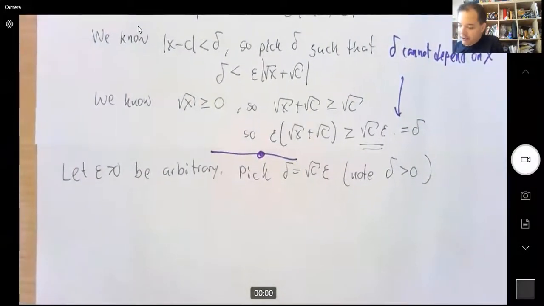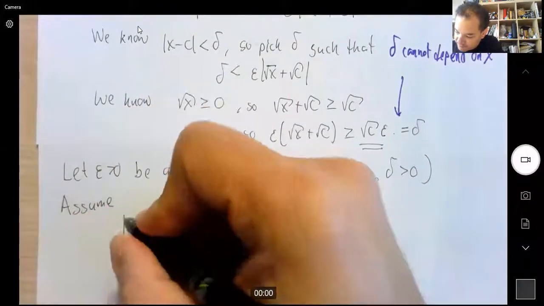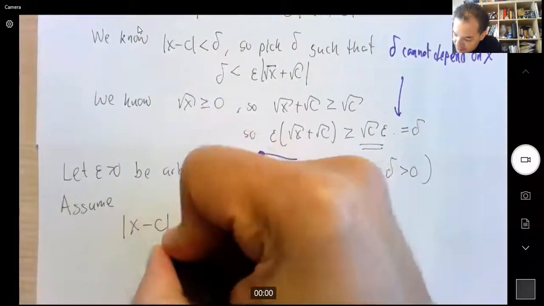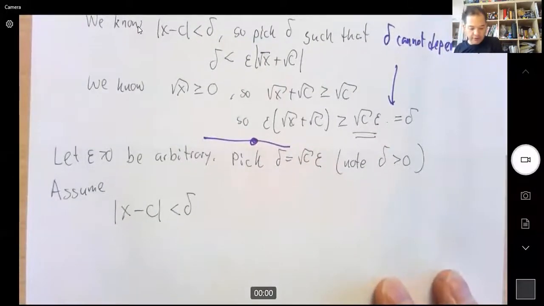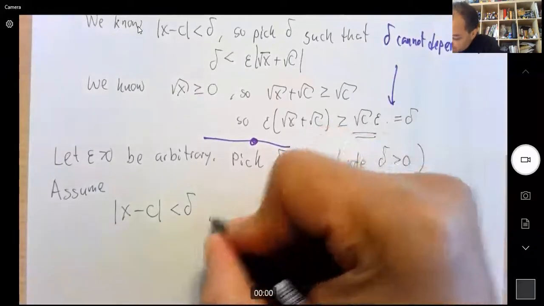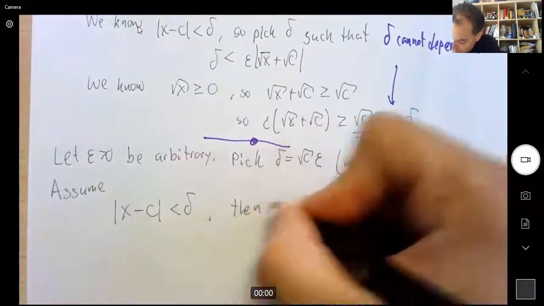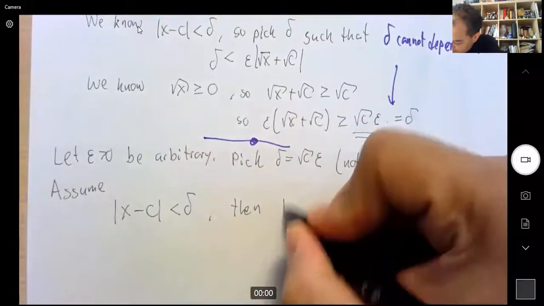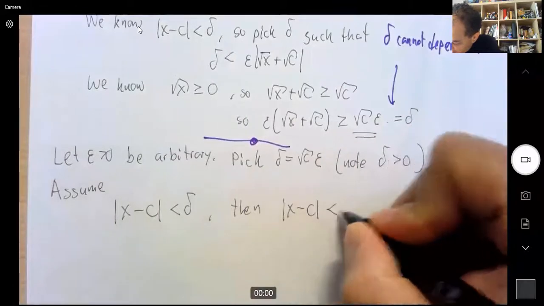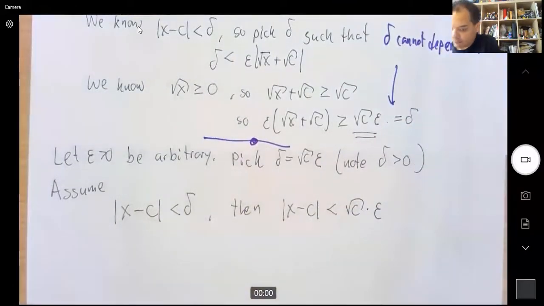Okay, then assume |x minus c| is less than delta, right? Then this means that |x minus c| is less than root c times epsilon.